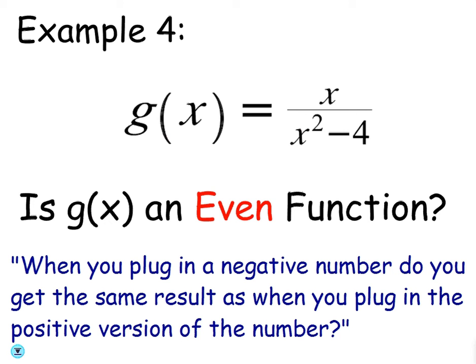Okay, how many of you think this one's going to be even? Nobody? So you guys think it's not even? I do, because of the 2. So we got a 2 on the bottom. There's a -4, and then what would be the power for the top? Well, there's one you can fill in. 1, yeah.